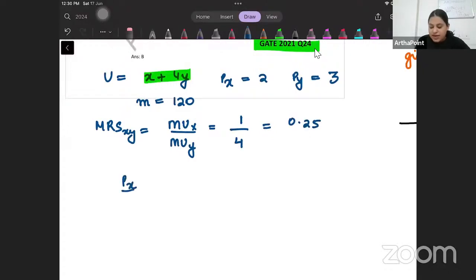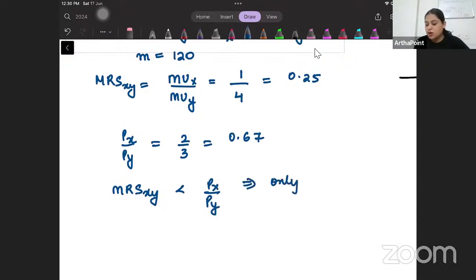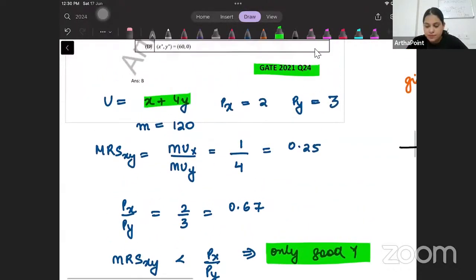If I look at Px by Py, this is 2 by 3, 0.67. Clearly, we can see MRS is less than Px by Py. So we will consume only good Y. If no other information is given to you, then I should be consuming only good Y. That should be my answer.